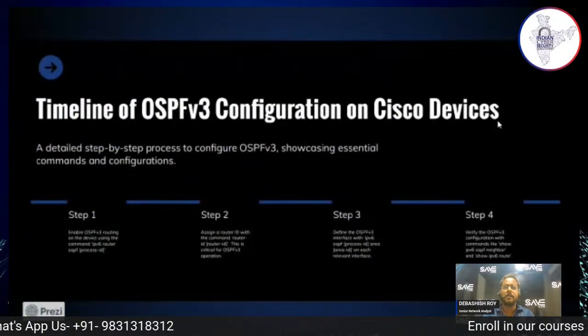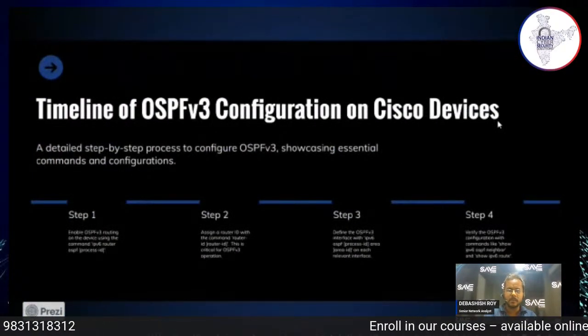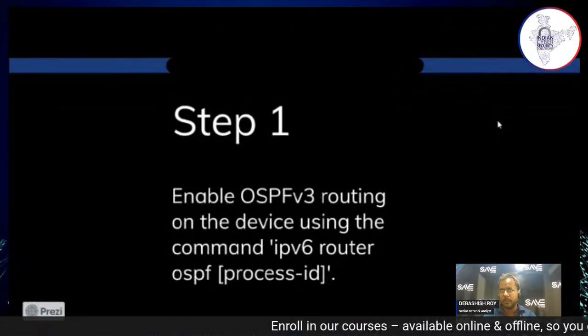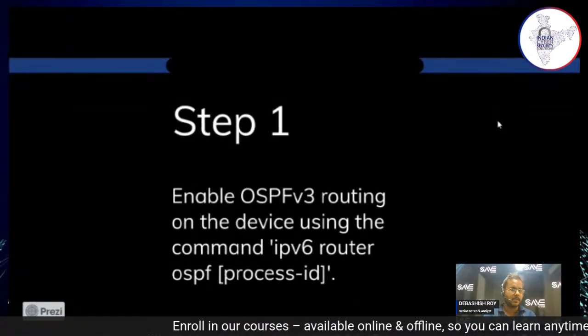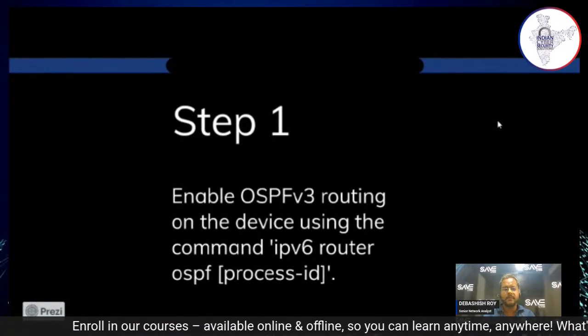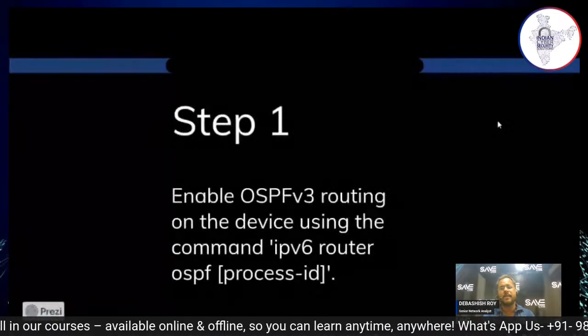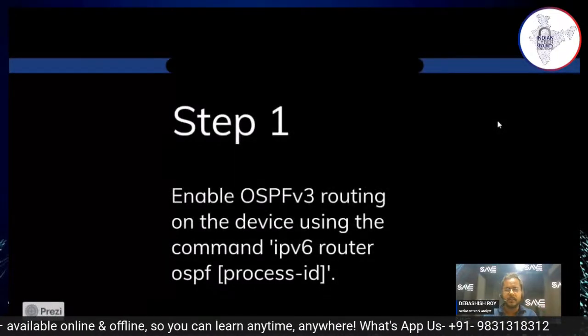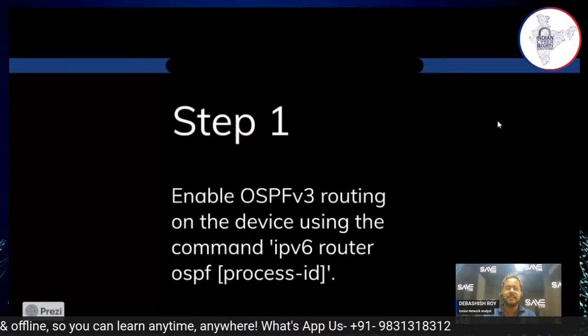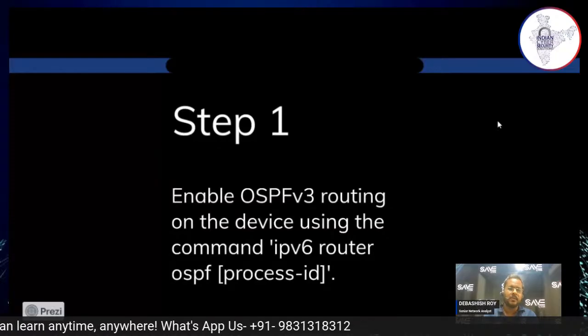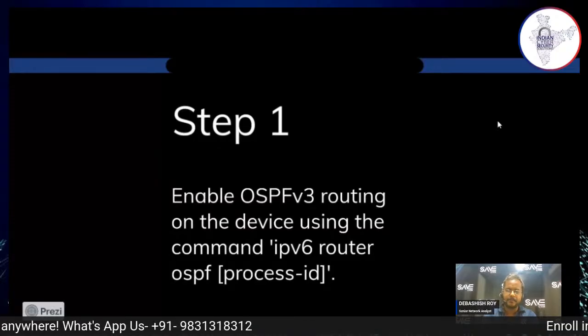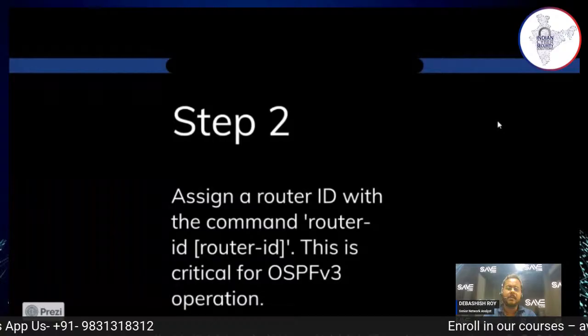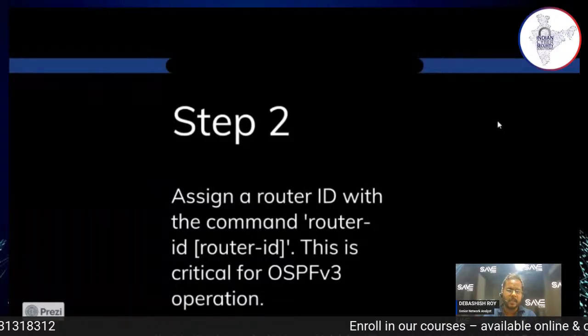Then what are the steps of OSPFv3 configuration? Step 1, we'll see it in action also: you have to enable OSPFv3 routing on the device using the command ipv6 router ospf and then the process ID, just like in the case of IPv4. Here also you have to give the process ID. Then assign a router ID with the command router-id.